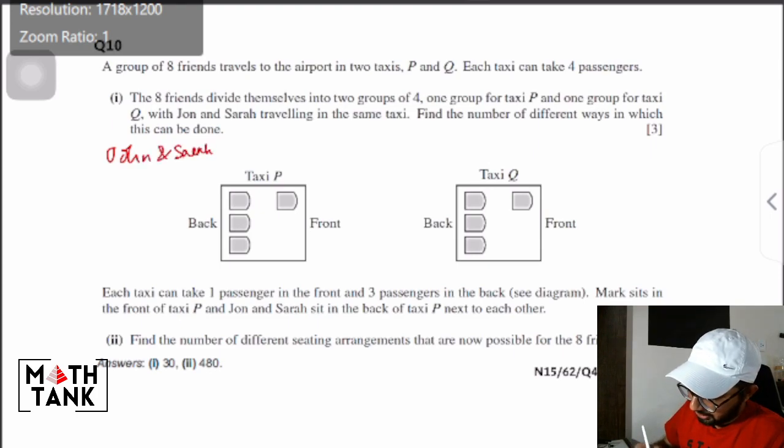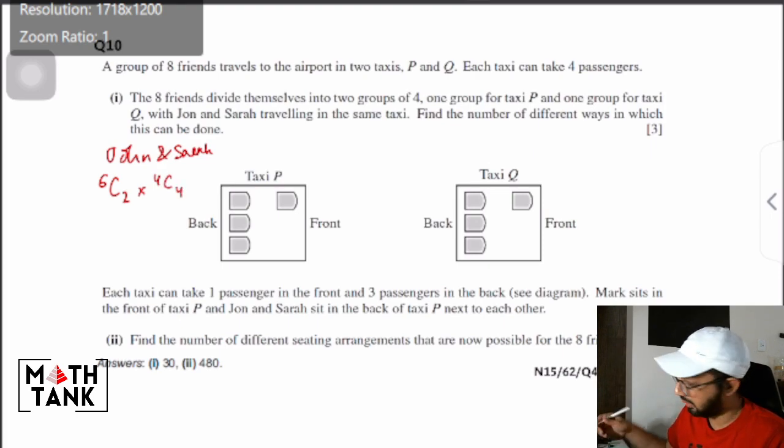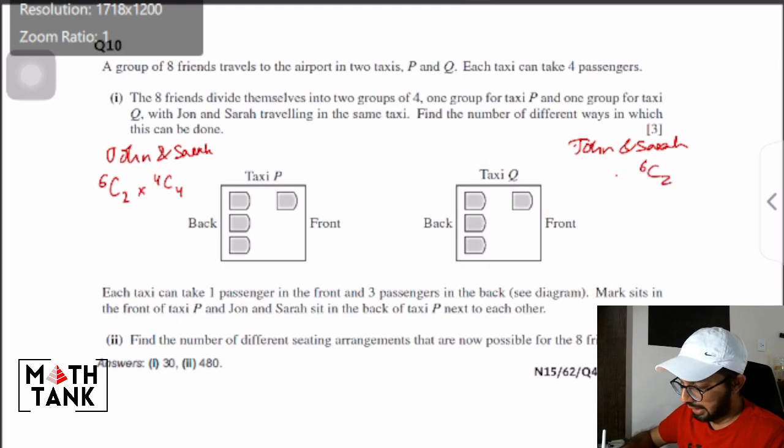What I'm going to say is that this could be 6 friends remaining, 2 seats remaining in taxi P, so 6C2, and the others all end up in the other taxi, so 4C4. So that's when they are in taxi P. If John and Sarah were in taxi Q, I would say that again this is 6C2 for taxi Q and 4C4 for the other taxi.